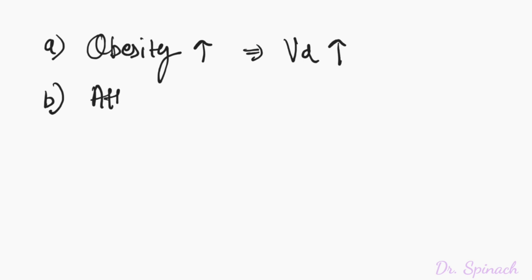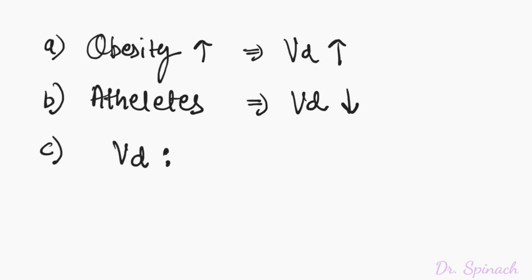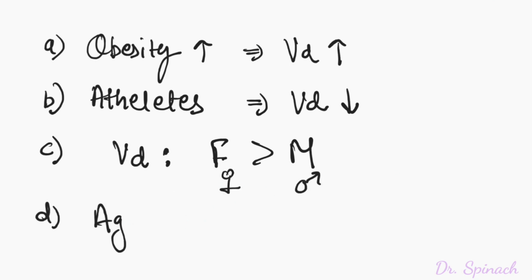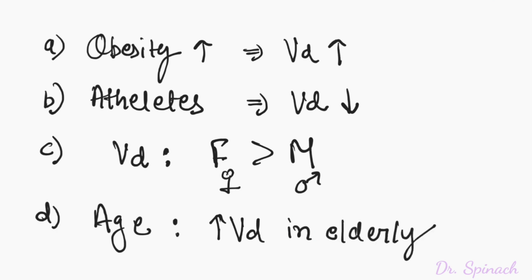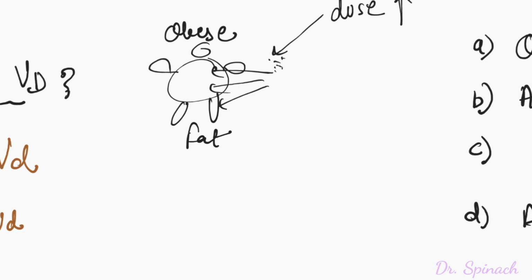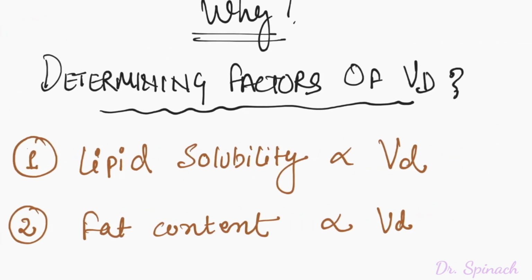Conversely, athletes have lower volume of distribution. The volume of distribution in females is more than in males because there is more fat content in females, and the volume of distribution increases with age. So we saw that volume of distribution is directly proportional to the lipid solubility and fat content of the body.